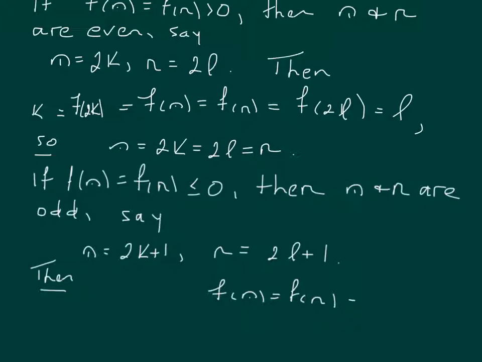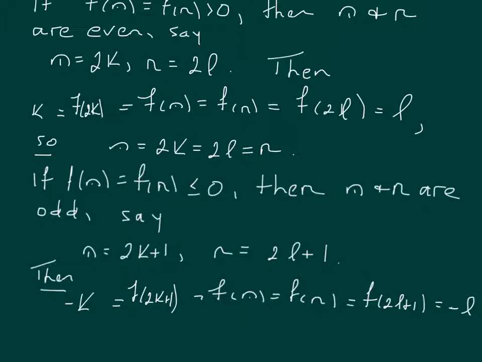And n is 2l plus 1, so this is f of 2l plus 1. M is 2k plus 1, so this is f of 2k plus 1. What is this equal to? This is equal, by definition of our f, to minus l. This is equal, from our definition of f, to minus k. All right, so we now have that minus k is the same as minus l, therefore k equals l, and therefore 2k plus 1 is going to equal 2l plus 1.